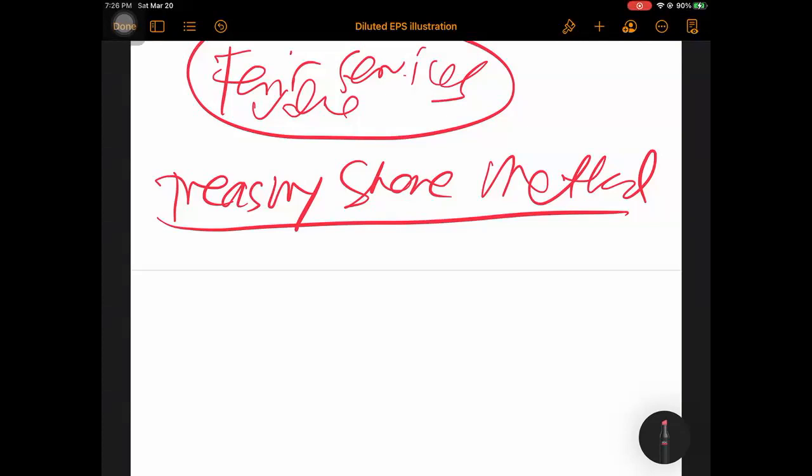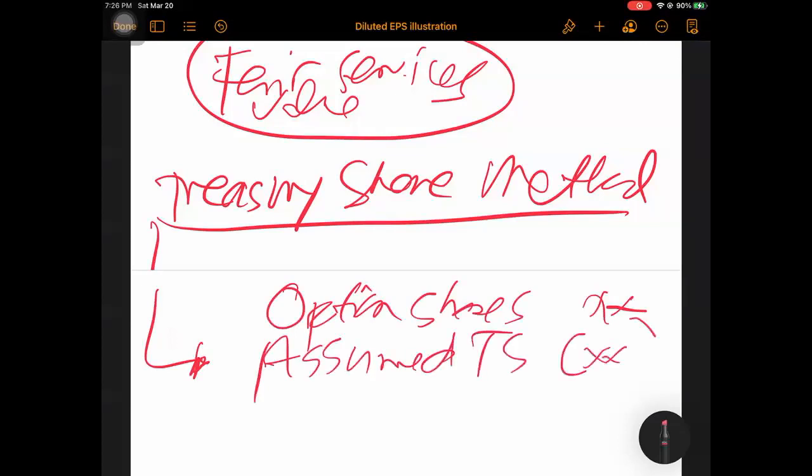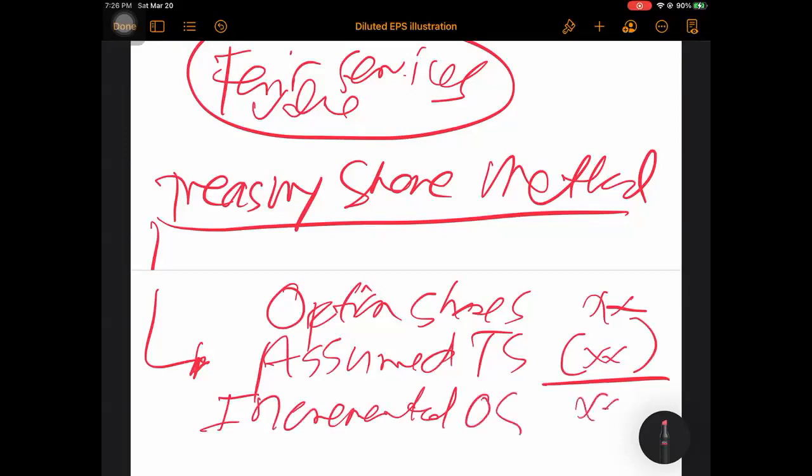So basically, the potential ordinary shares under options and warrants is the difference between the option shares and the assumed treasury shares. This is your incremental ordinary shares, which we add to our denominator.